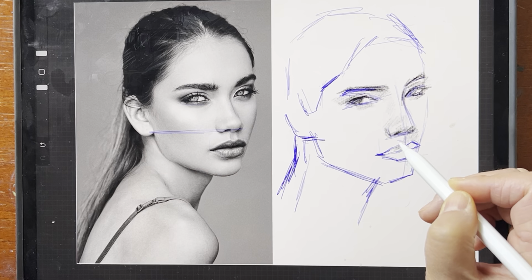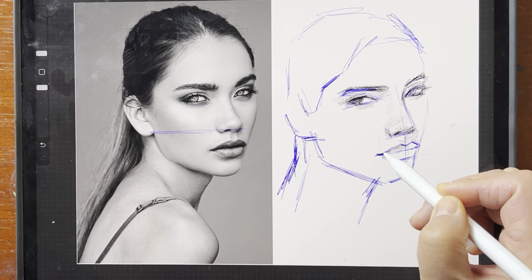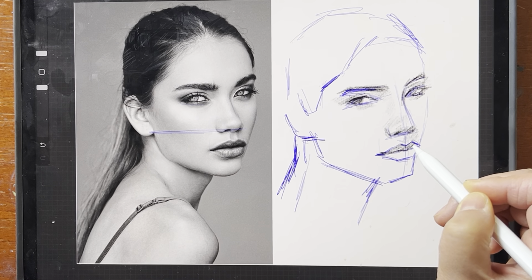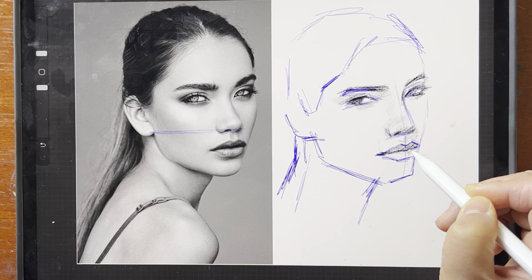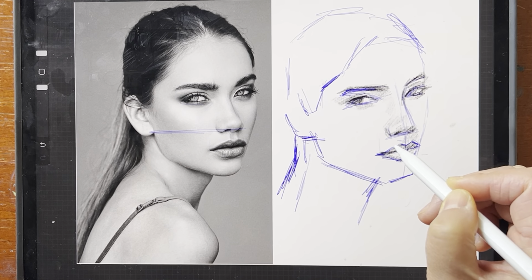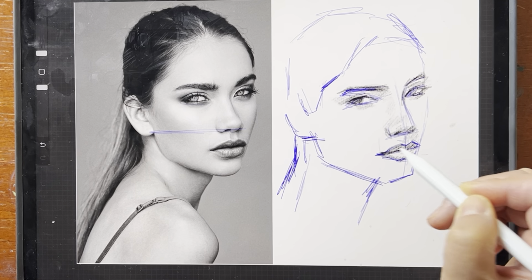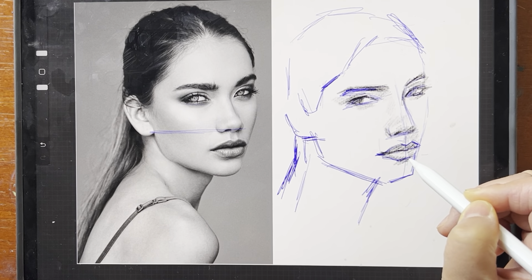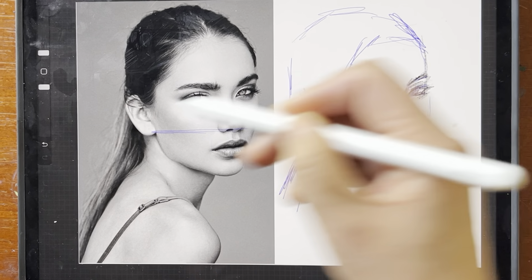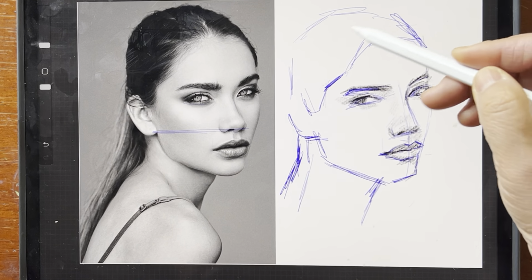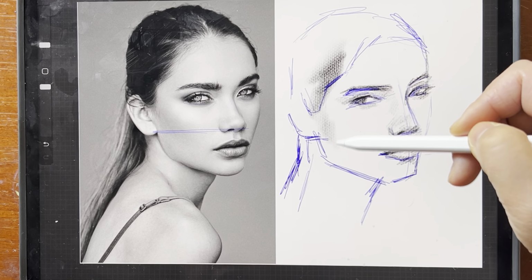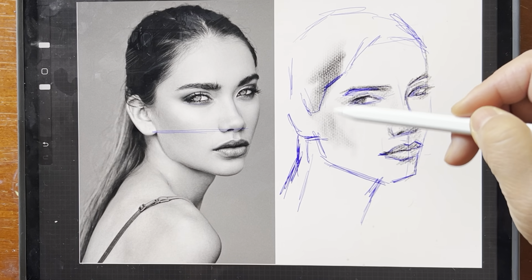I felt like my mouth was too big. I'm going to shrink it a little bit. Think about the grid thing I was talking about. I literally used that in my head, right? Here's a cheekbone shadow.